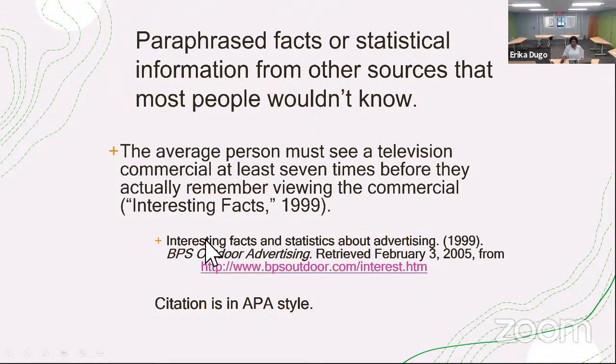So you'll notice that this particular one does not have an author. So it begins with the title of that source. So in the in-text citation, you will put in quotation marks the first word or the first couple of words of that title, followed by a comma, and then the year that that article was written.